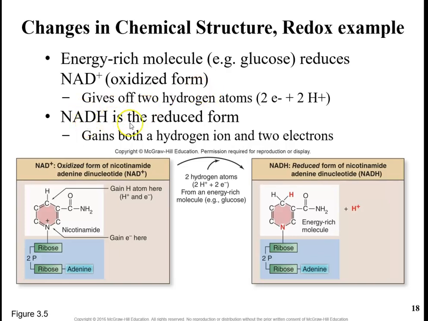And remember that NADH is the reduced form, and it's carrying those electrons essentially from glucose. When it gets to where it's going, which we'll see in a little bit, it releases those electrons and becomes the oxidized version of nicotinamide adenine dinucleotide again.